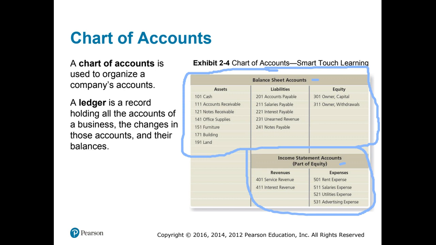So these numbers are going up the further you go down, right? If we said this was 1, I'm going to put this in smaller numbers, then this would be 11. The first account listed is always going to be the most liquid account.